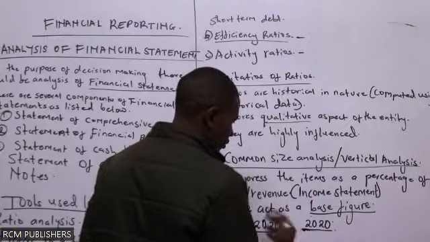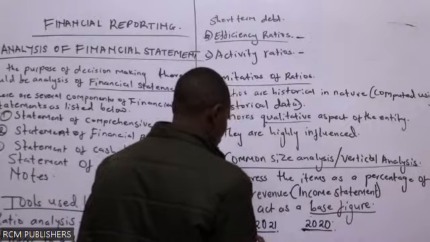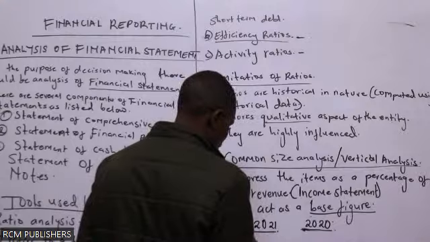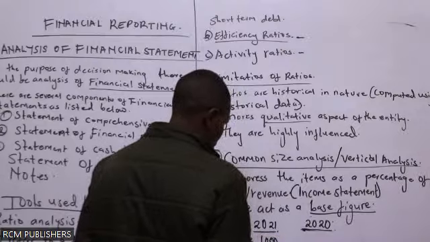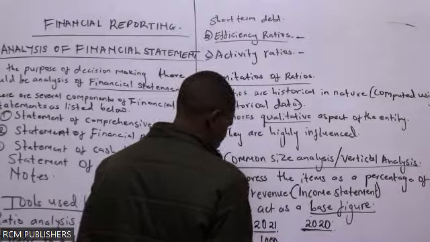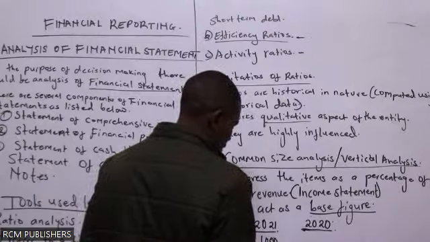I can as well use one year, no problem. So revenue or sale. Remember, if it says revenue or sale, it is the same. Here we had 1,000. Cost of sale I had 500.